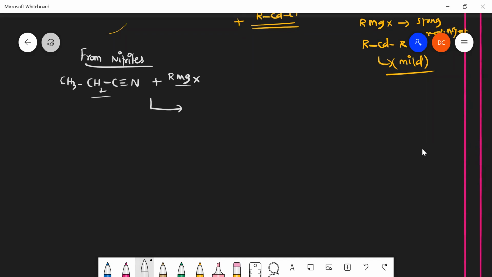What will be our product? My product will be like this: CH3CH2, C double bond O, and R will be there. Then I'll get NH3, ammonia, as a product, then Mg, here OH, here X. These are all the byproducts of these reactions. So from nitriles also we are able to prepare these kinds of ketones.